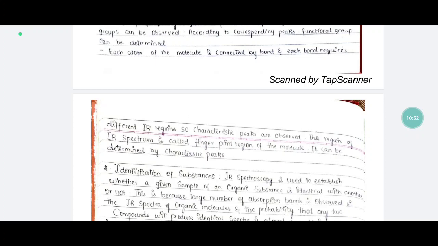So the characteristic peaks are observed. This region of the IR spectrum is called the fingerprint region of the molecule, and it can be determined by the characteristic peaks.